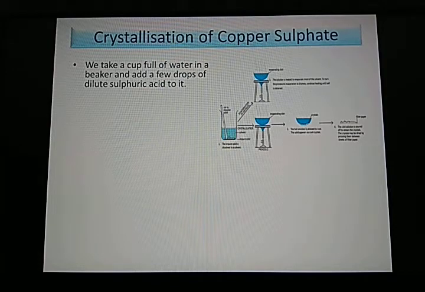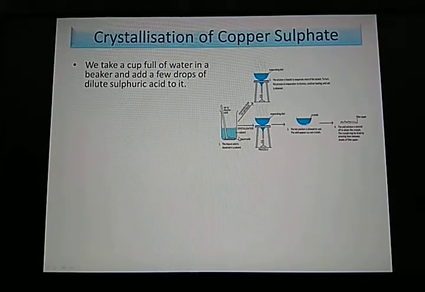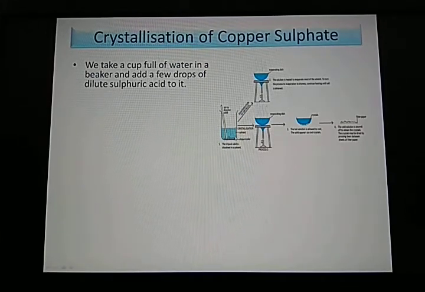In that beaker, we have to add a few drops of dilute sulfuric acid. Actually, first of all, we need to add the impure copper sulfate crystals. Copper sulfate is an inorganic salt. So we'll add the impure copper sulfate.